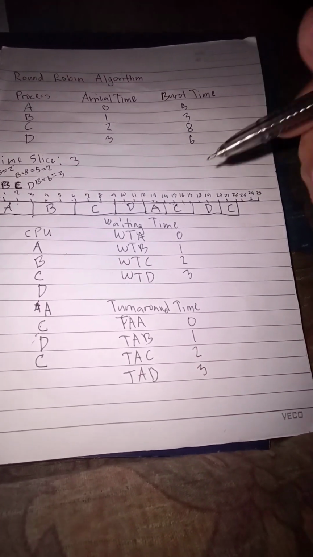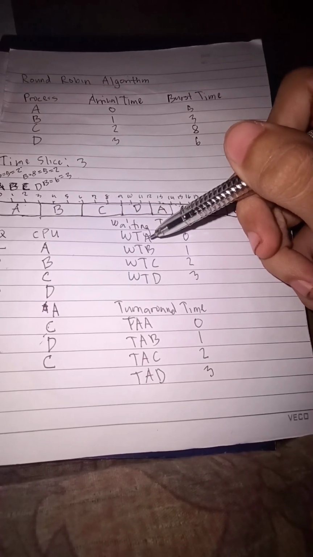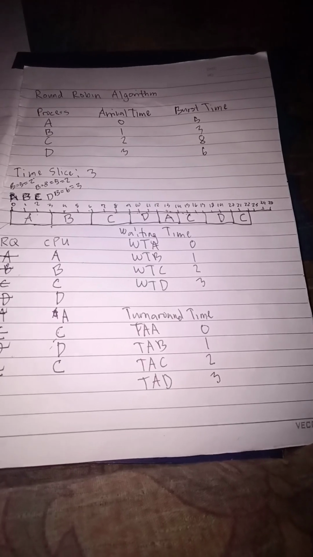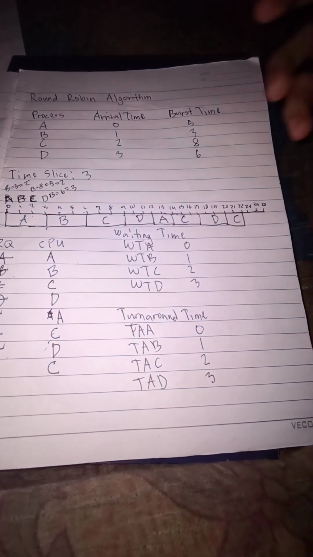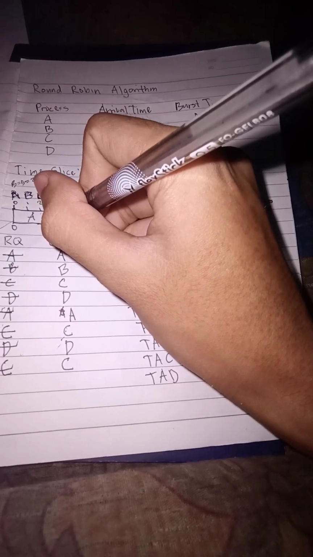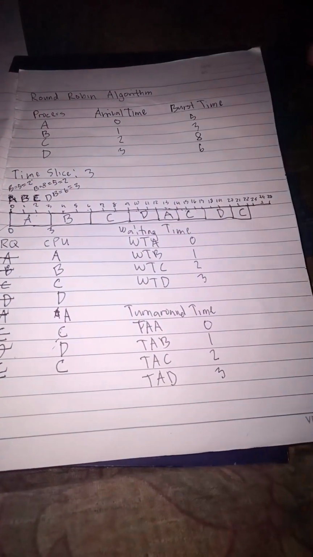Now, first is the waiting time. Here we have the waiting time of A. To find the waiting time of A, let's label this for us to easily find their waiting time and turnaround time.